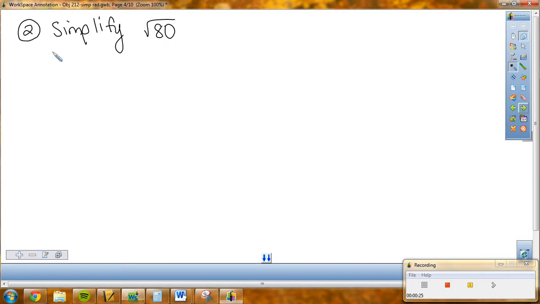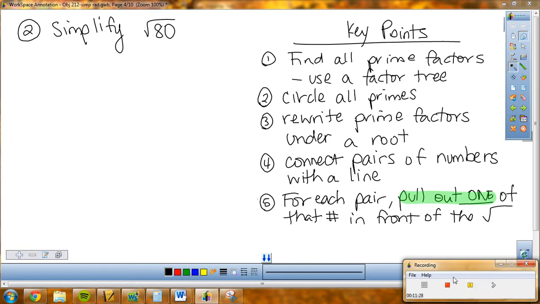Example 2, we want to simplify square root of 80. So here we have our key points again. So first step, we want to find all of our prime factors. So we break it down. The easiest factors that I can think of are 8 and 10. So I have 8 and 10. I want to check, do I need to circle any of these?